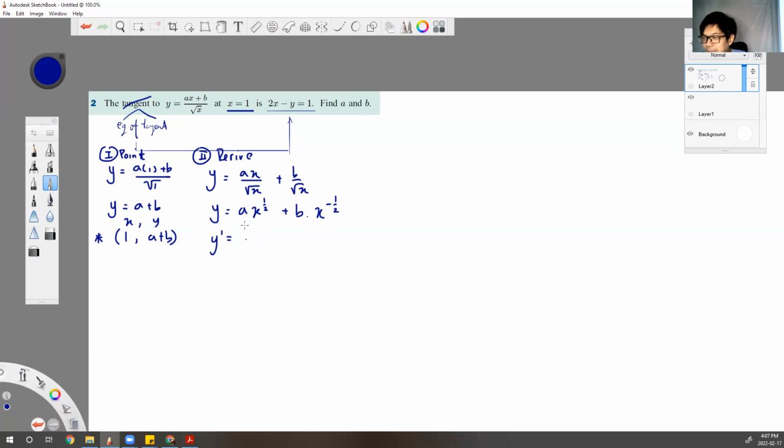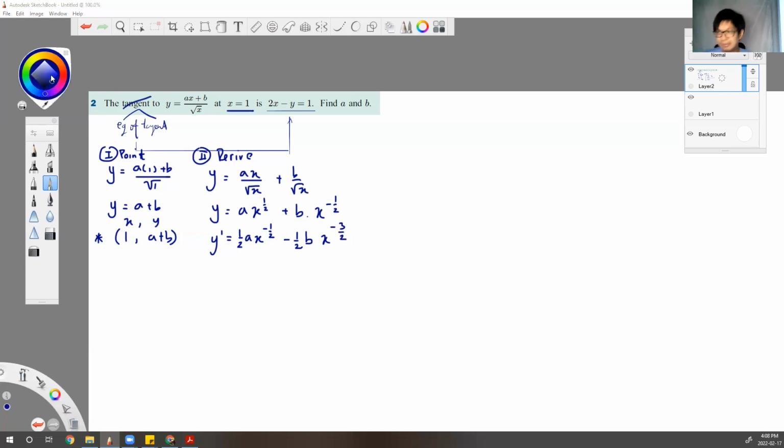This makes you a bit more efficient, a bit, not too much. So half a x power negative half, right? You just put the half in front of the a to make it simpler. And minus, right? Why minus? Because you put the negative half below, right? Negative half b x power negative 1 over 2 minus 1, negative 3 over 2, right?